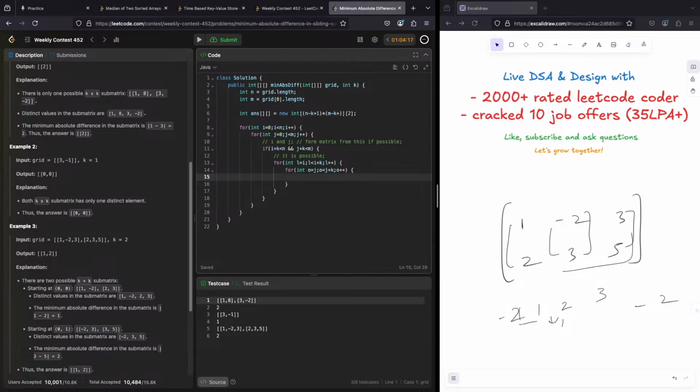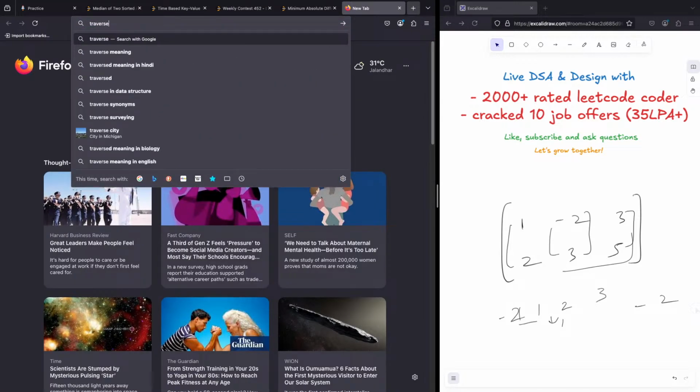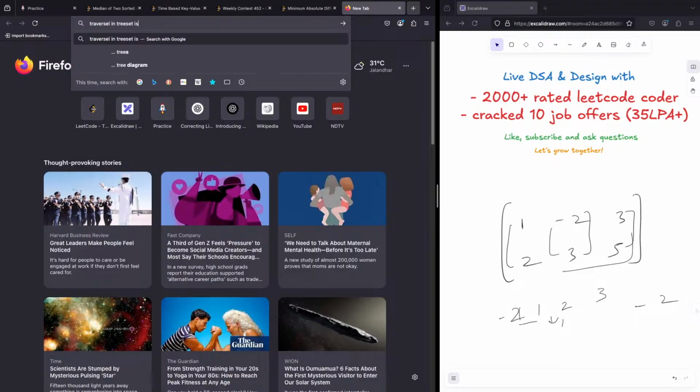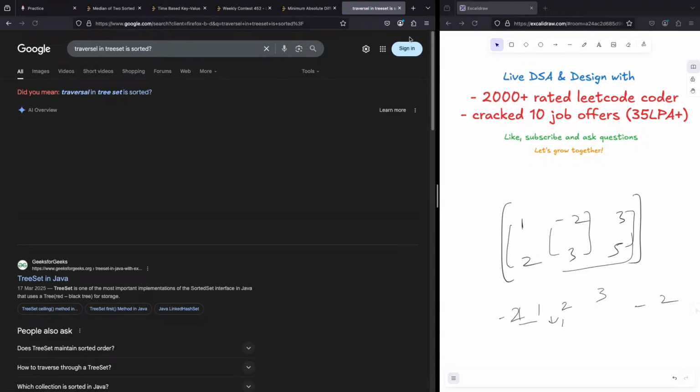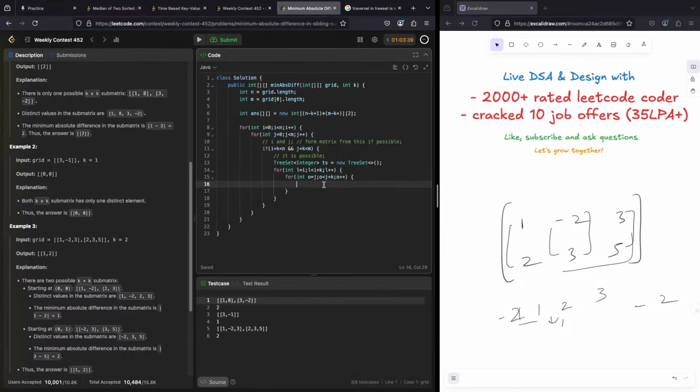I can use a list only. A list of integers. Probably a TreeSet would be good, because traversal in a TreeSet is sorted. So ts dot add.